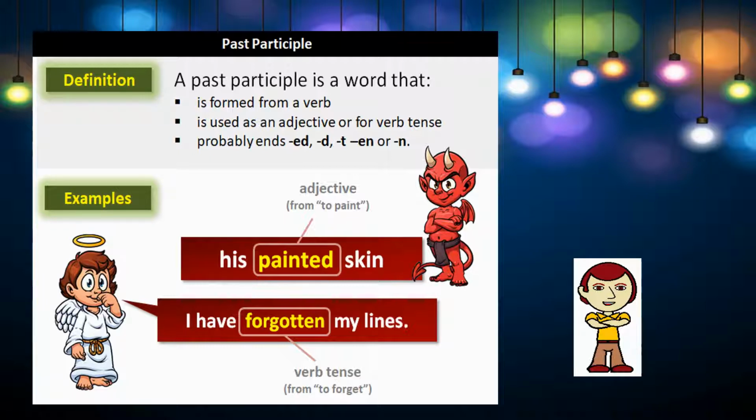His painted skin. So here painted, when we add ed, it becomes an adjective, and to paint is your infinitive verb. Same thing, I have forgotten my line. So here forgotten is a verb tense form of to forget.